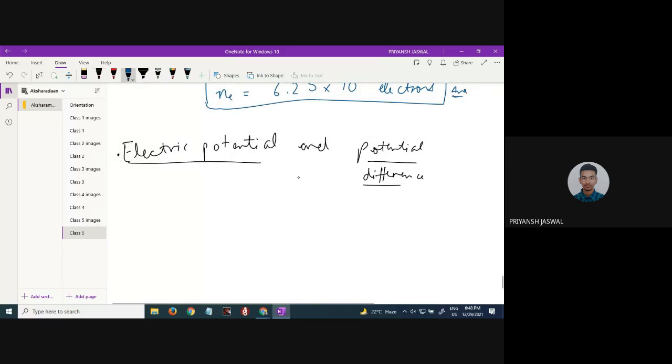So the question arises that the current is defined as the charge of flow, but what makes the electric charge flow?